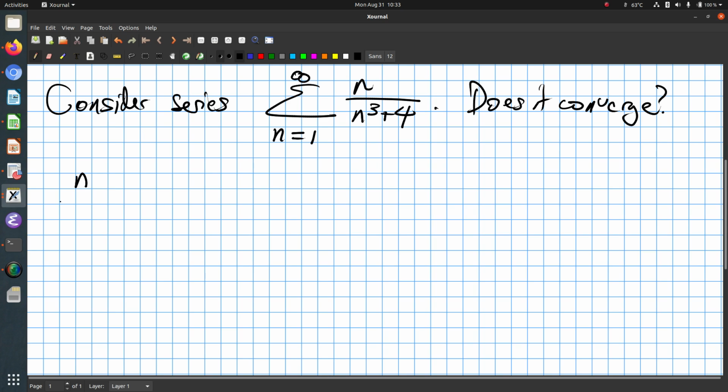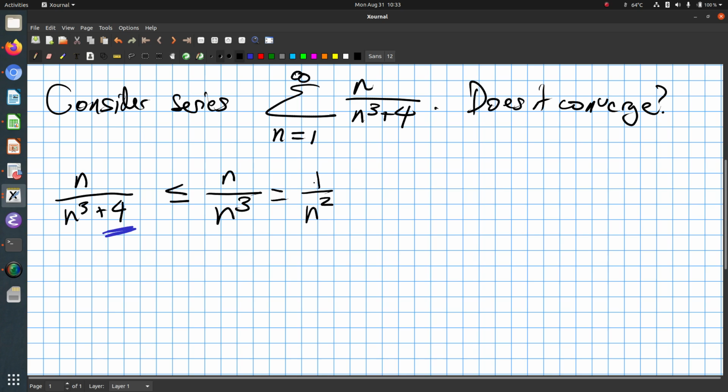Well, one thing you could do is, if I look at one of these typical terms, notice that the 4 in the denominator there, if I get rid of the 4, it makes the denominator smaller, so the fraction is larger, which is to say that we have this sequence of inequalities.